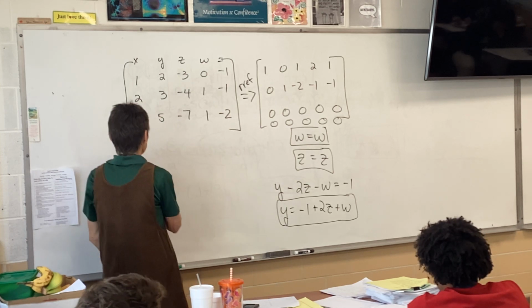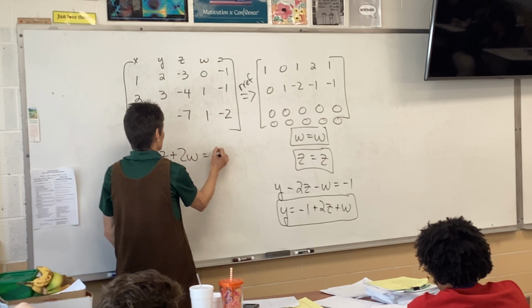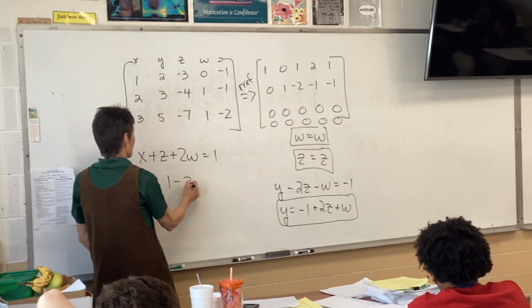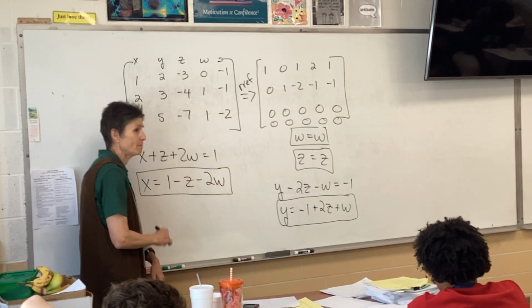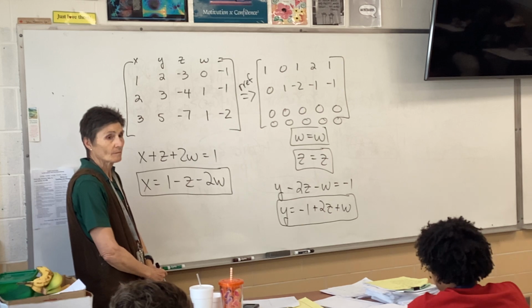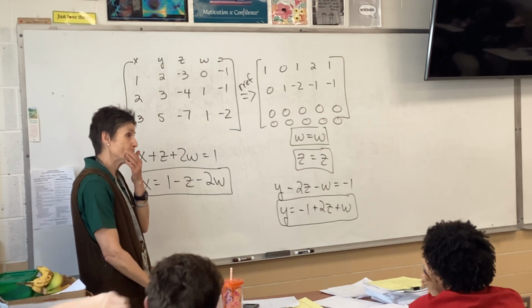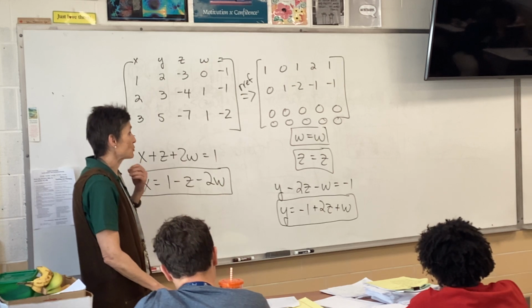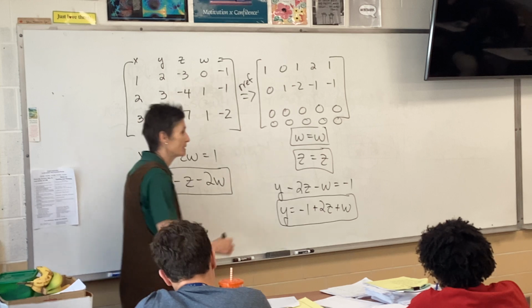And then the top equation says x is 1 minus z minus 2w. How does that look to everybody? Are you still with me? So now, my x and y are defined in terms of two variables, two parameters.